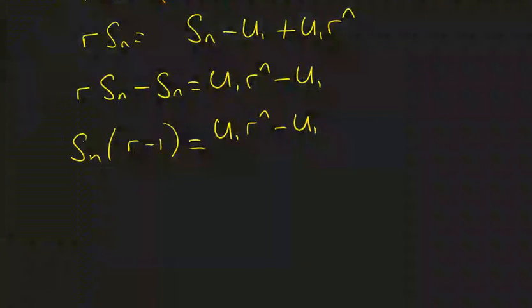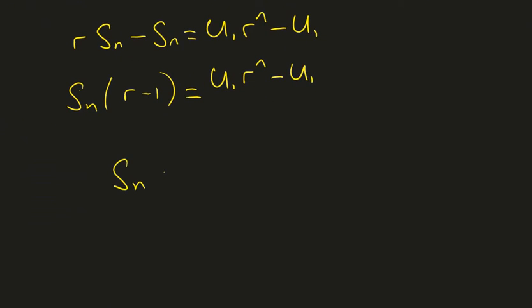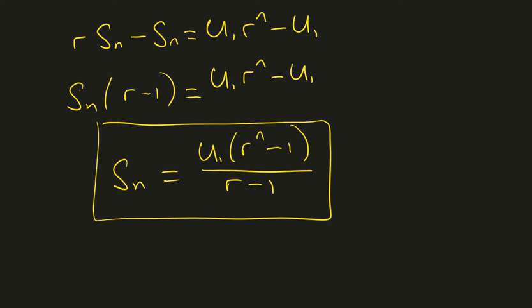And then the final thing we'll do, we'll divide through by r minus 1. We'll pull out the u1 as well. So we'll say that Sn is equal to u1(r to the power of n minus 1) all over r minus 1. That is a nice formula that will help us to find the sum of a geometric series.